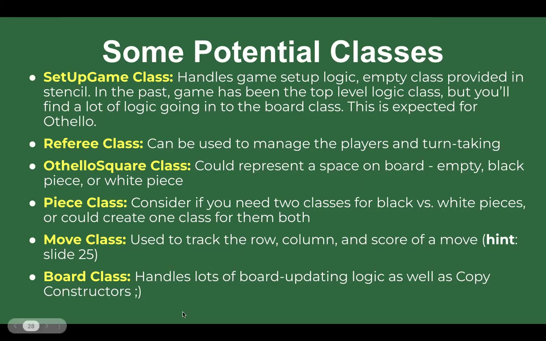A move class. This one took me a while to wrap my head around when I was doing the project. I didn't really understand what it was for, but it's very helpful when you're doing the AI part and coming up with the different moves that an AI can make. Basically it represents a move that one of the computer players can make.